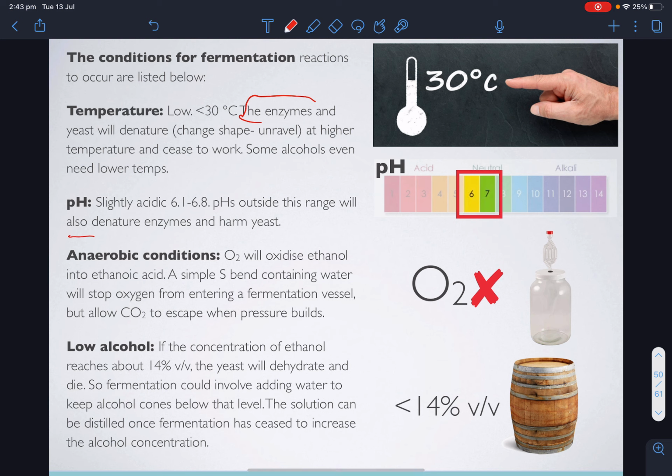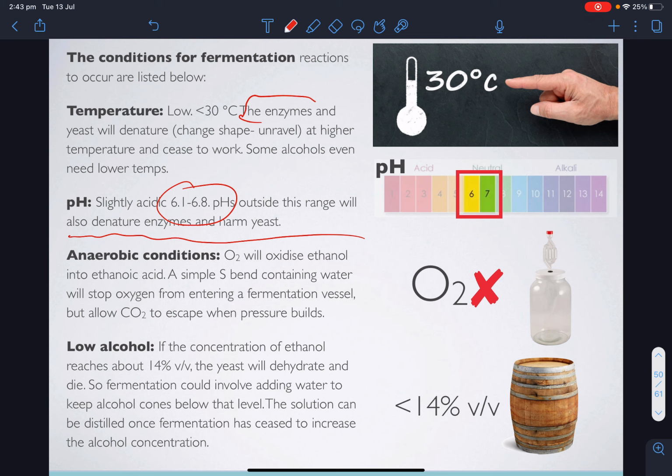pH: it needs to be slightly acidic. 6.1 to 6.8 is a general range. Outside this range, if it's lower or higher, more acidic or more basic, those enzymes are going to denature as well, and you won't get any fermentation.